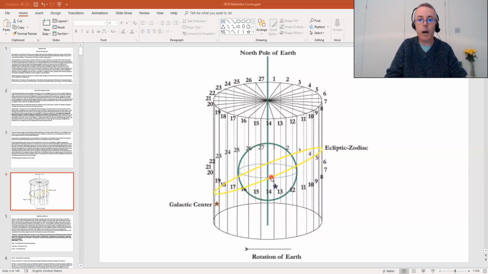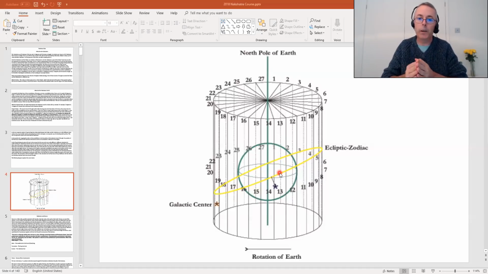But the actuality of the position of that fixed star is not necessarily where it appears to be on the ecliptic. And there's an understanding of that, within most people who have the astronomical understanding of what the nakshatras are and how they connect to the zodiac. There's that understanding in Vedic thought.